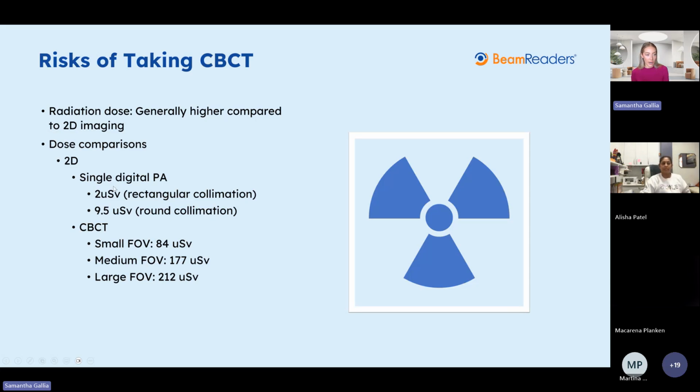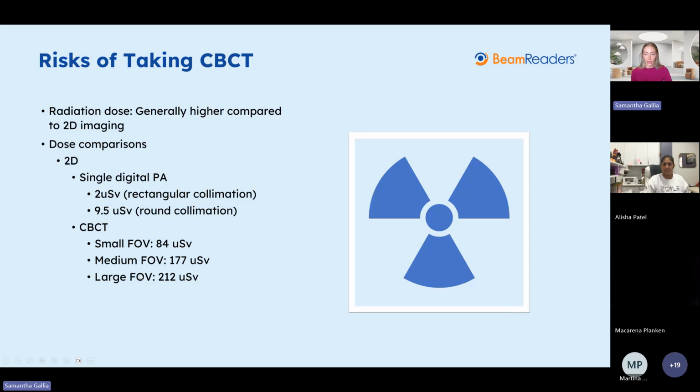So we're measuring in microsieverts here. A single PA radiograph with rectangular collimation is about 2 microsieverts. A single PA radiograph with round collimation is about 9.5 microsieverts, and we're comparing that to 84 to 212 microsieverts with CBCT.